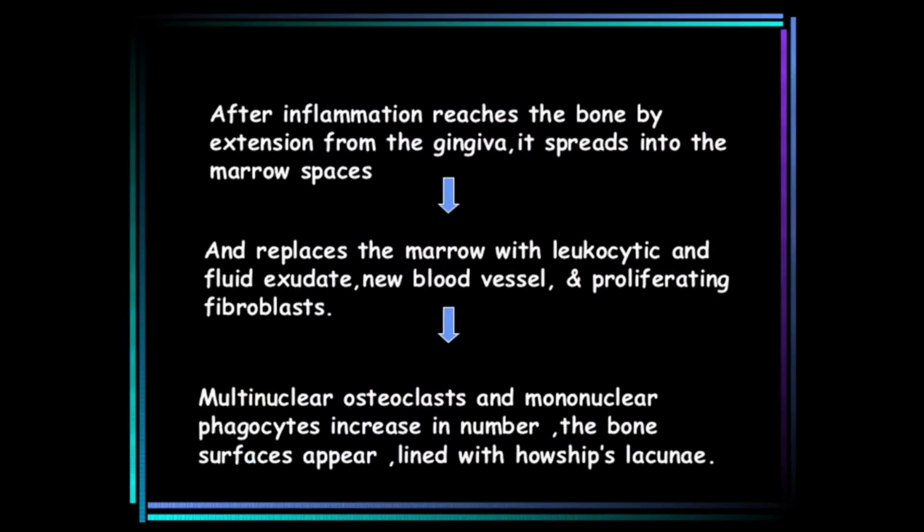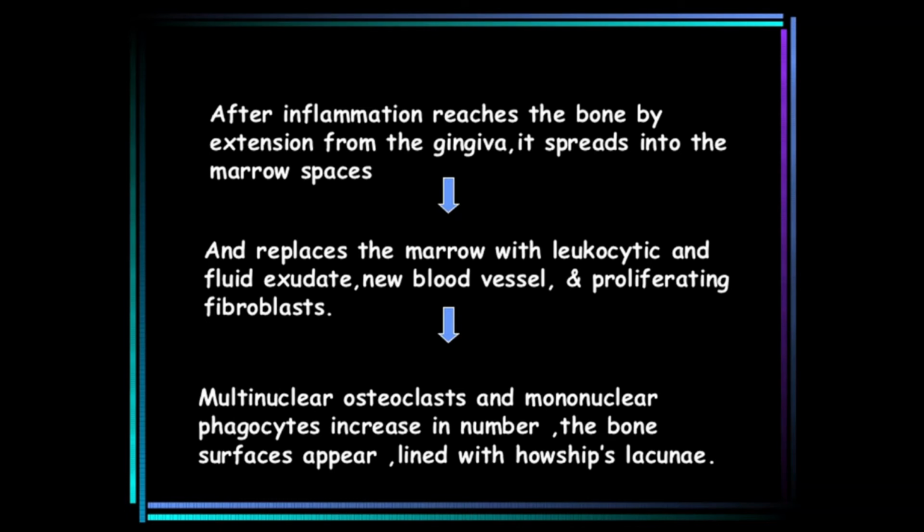After inflammation reaches the bone by extension from the gingiva, it spreads into the marrow space and replaces the marrow with leukocytes, fluid exudate, new blood vessels and proliferating fibroblasts.